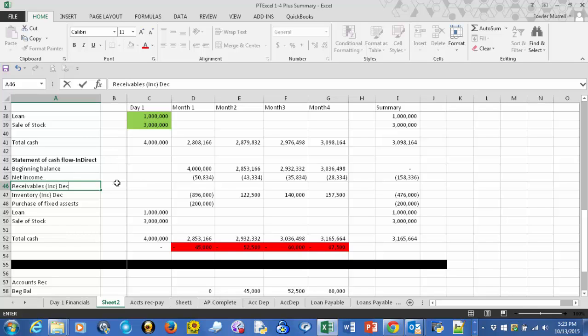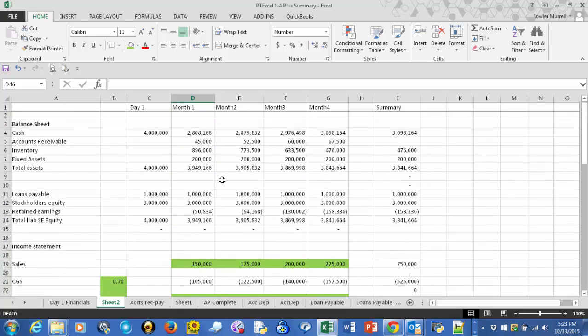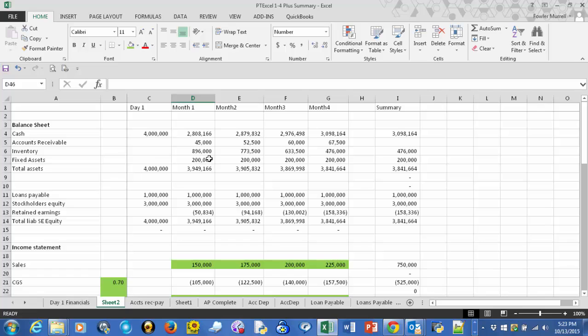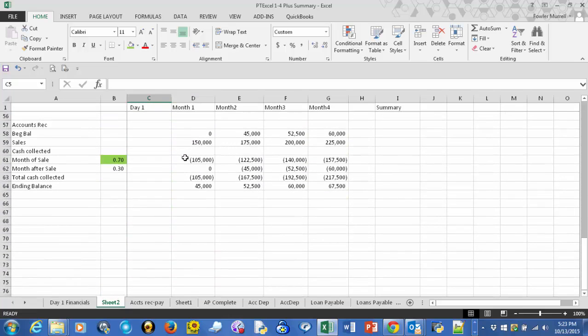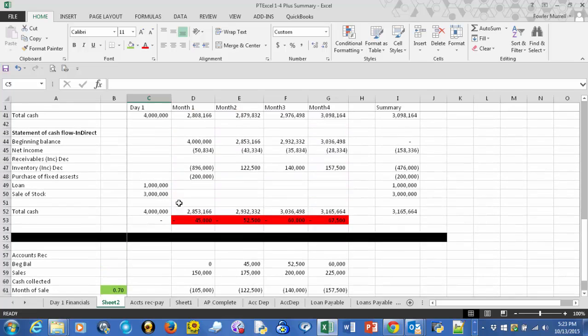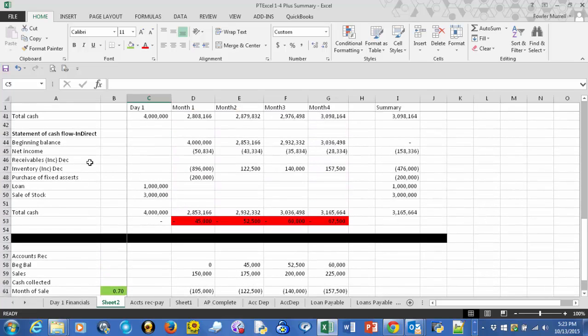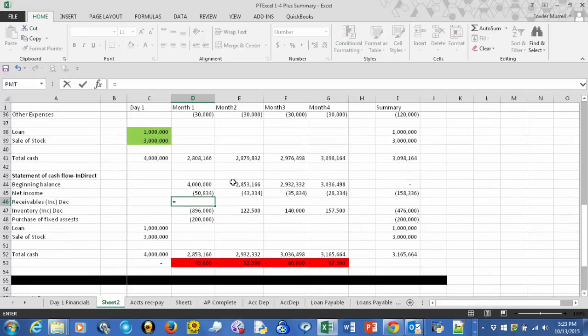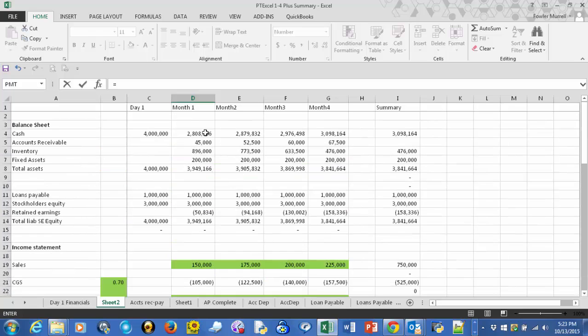This decrease, okay. And in the same way as we did with inventory, we can do the same with receivables. We want to show that change, which will equal the difference between one month and the next month, and we want it to show up as a negative number.